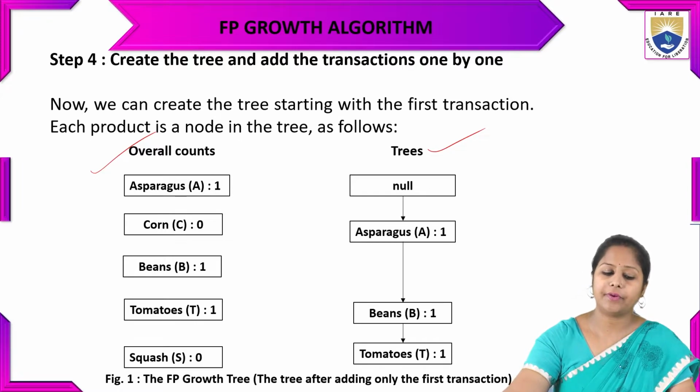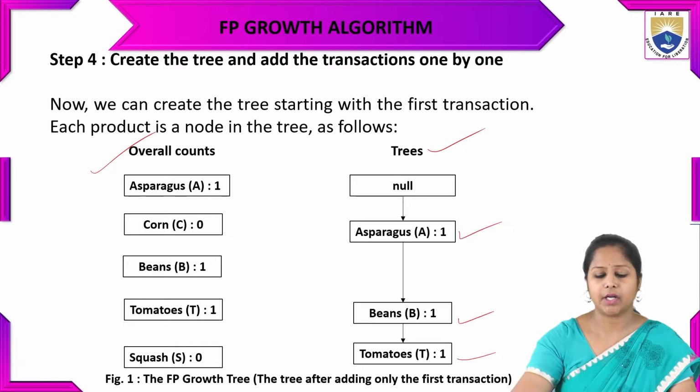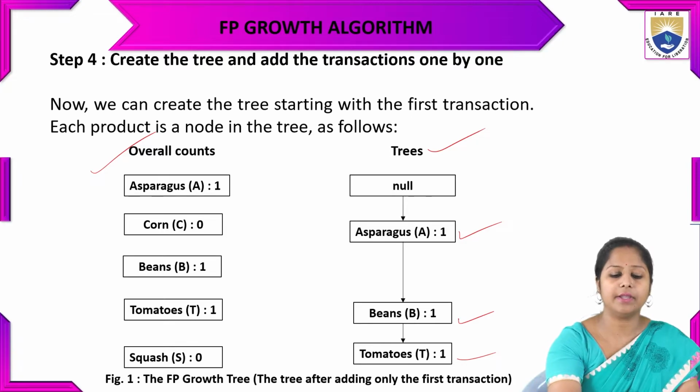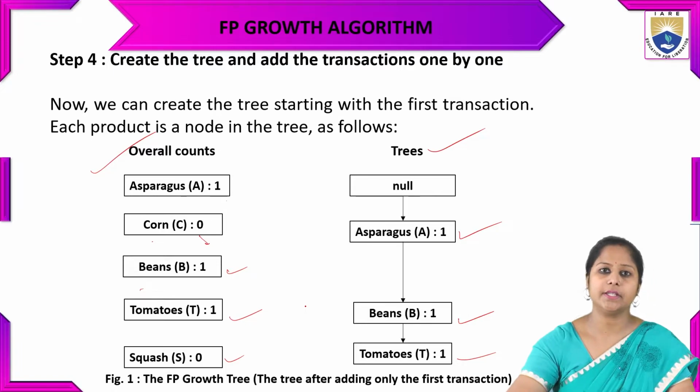For the first transaction there were asparagus, beans and tomato. So we have counted asparagus as 1, corn is not there so kept as 0, beans is 1, tomato is 1 and squash is 0.